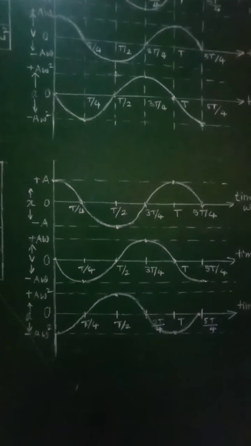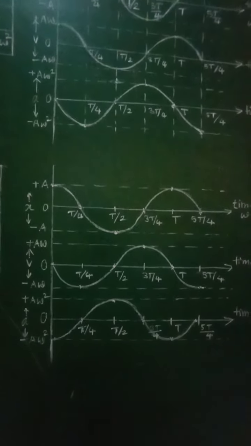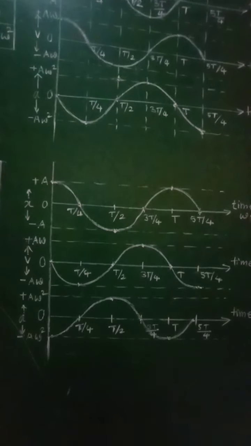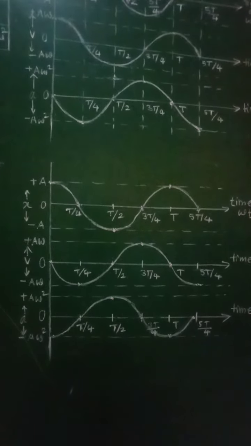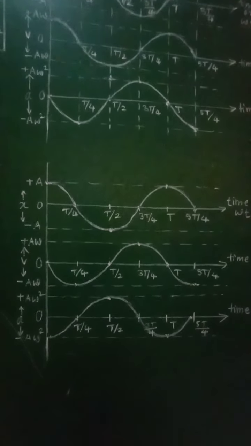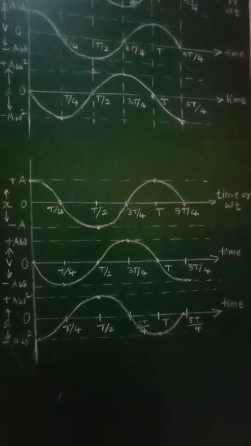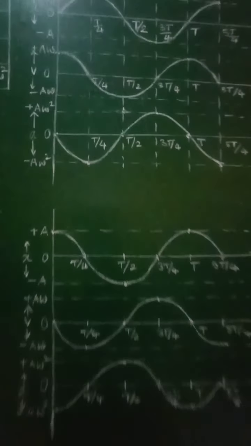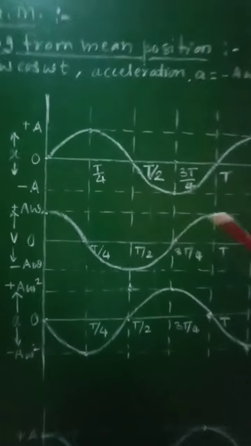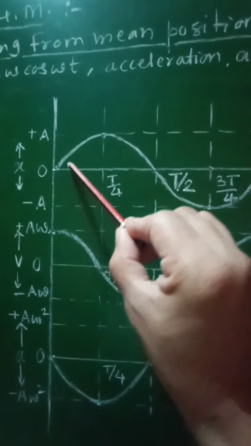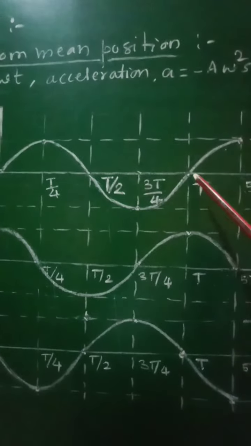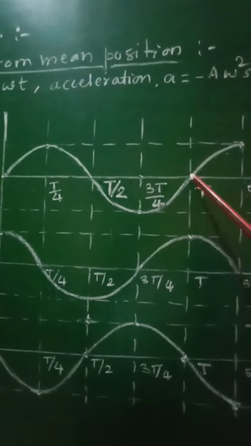Similarly, sixth point, the shapes of all the curves get repeated after 2 pi radian or after a period that is capital T. So if you consider the nature of the graphs here, in the first case, at 0 it is going towards positive. Similarly, at T it is going towards positive.